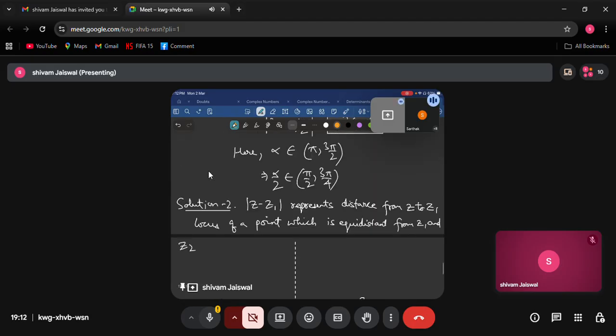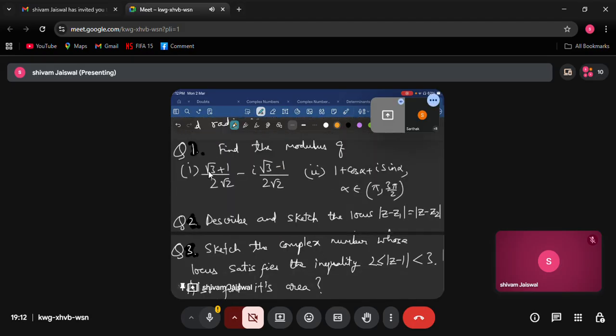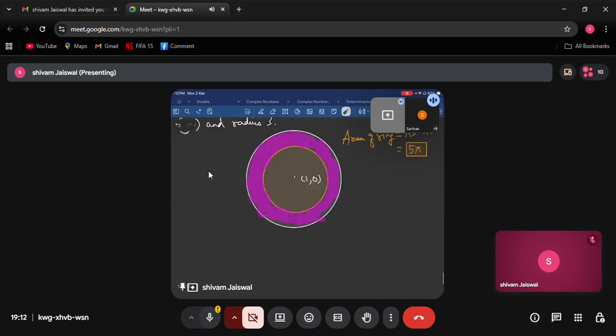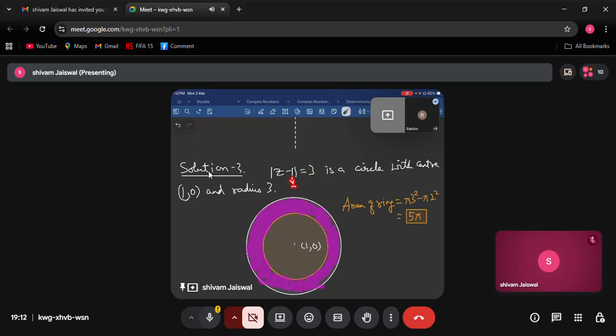It's given, now, just now we had discussed that mod of z minus z naught is equal to r is a circle with center z naught and radius r. So over here, what is z naught? Sir, this would be the center, I mean x naught comma y naught. Then it should be 1 comma 1. Why 1 comma 0?